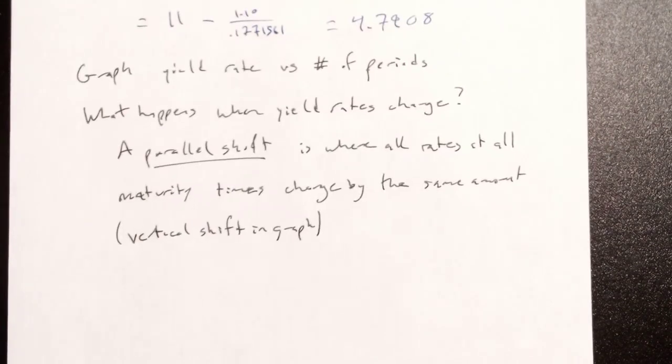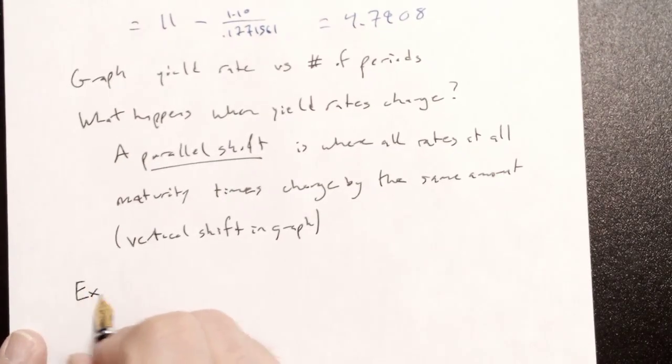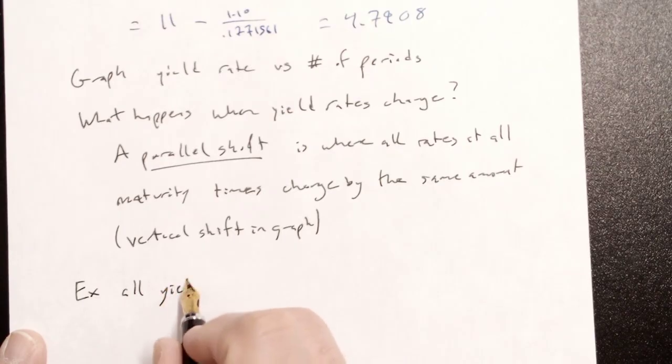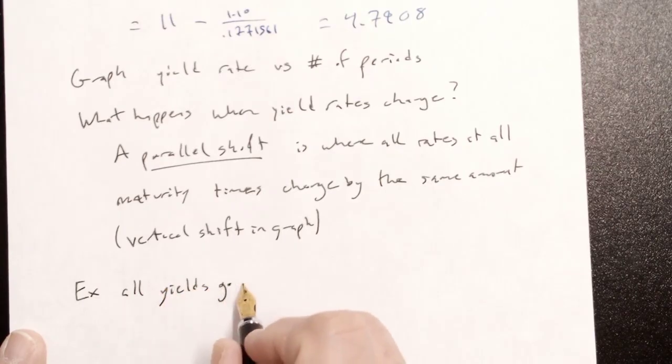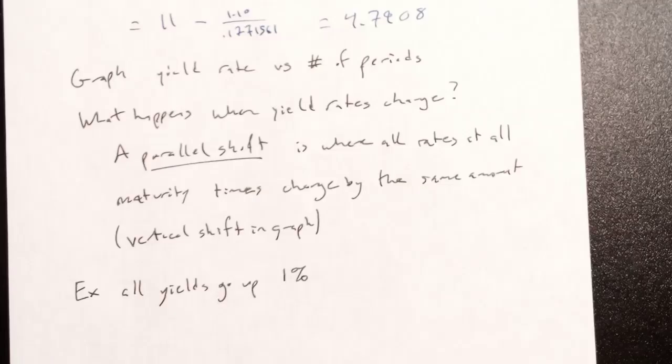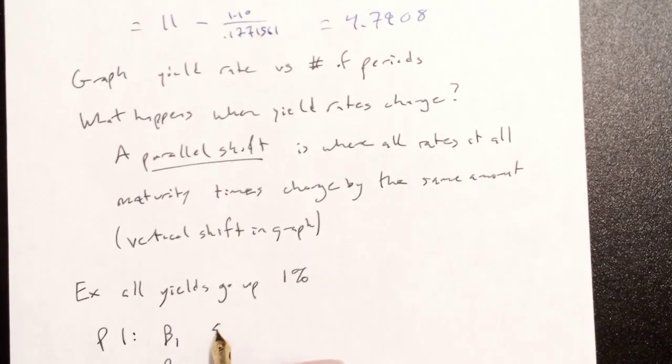If rates went up 1%, then my new portfolio is going to have a different present value because our present value is now not at par anymore. Portfolio 1, we have bond 1 and bond 2, but they now have a different yield.